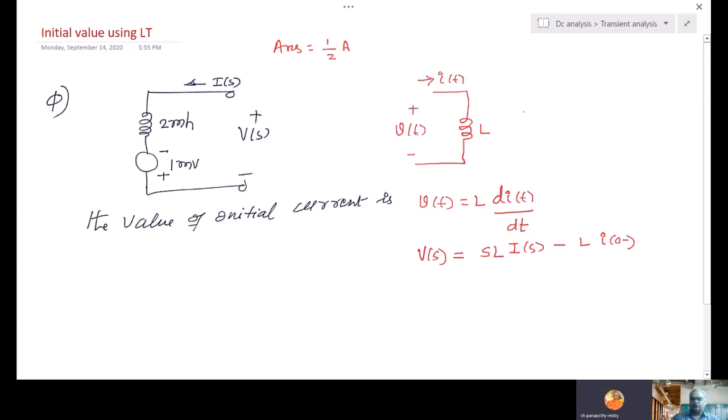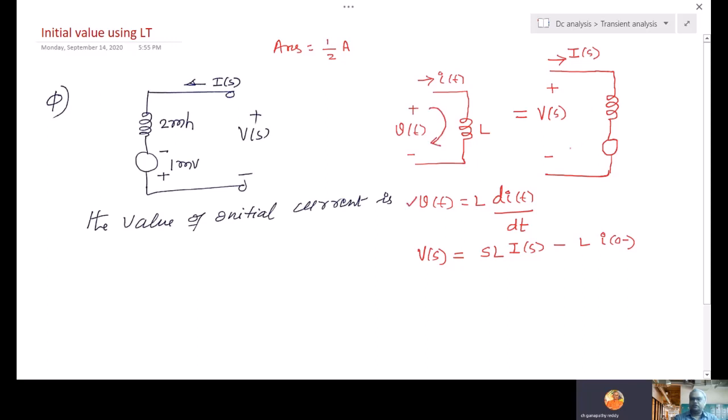So I can replace this time domain inductor using S domain equivalent. So V of t, change it to V of s. This current is I of s. So here in time domain we have written a mesh equation, we got this.